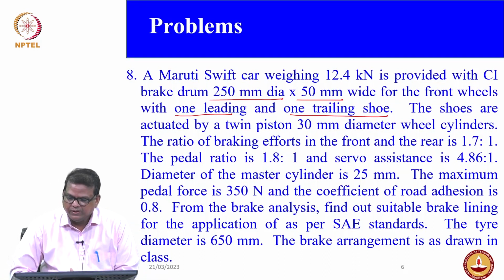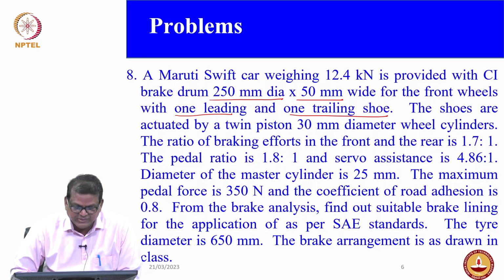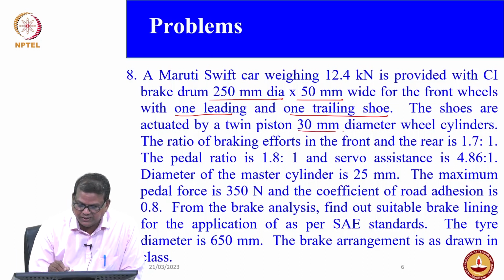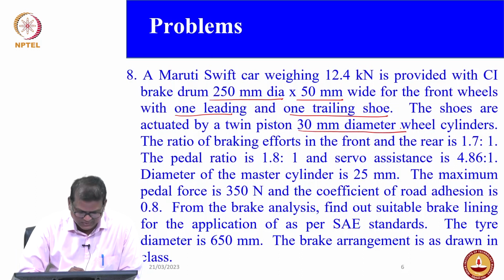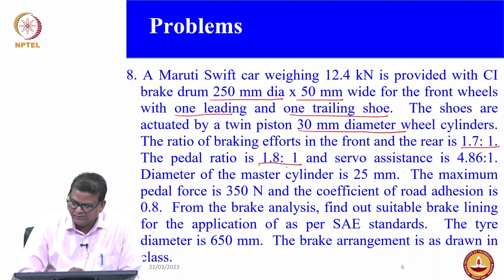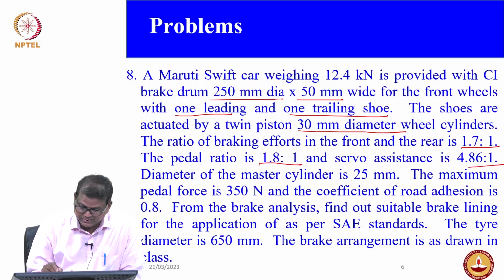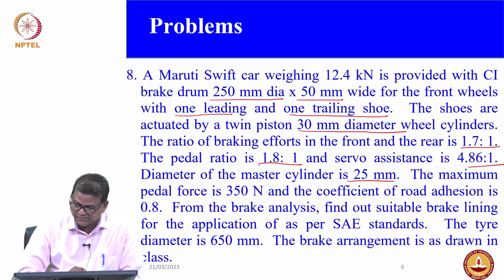The shoes are actuated by twin piston 30 mm diameter wheel cylinders. The ratio of braking efforts in the front and the rear is 1.7:1. The pedal ratio is 1.8:1 and the servo assistance is 4.86:1. The diameter of the master cylinder is 25 millimeter.